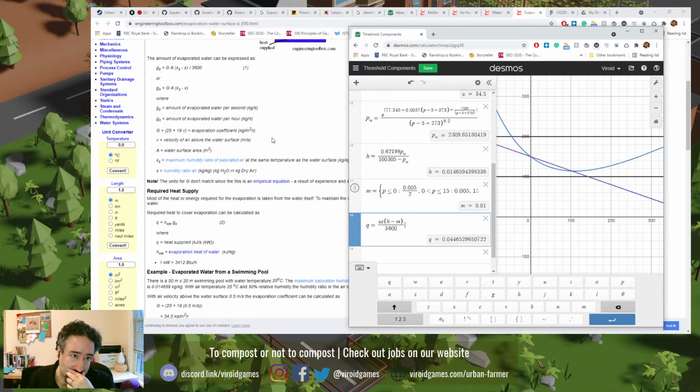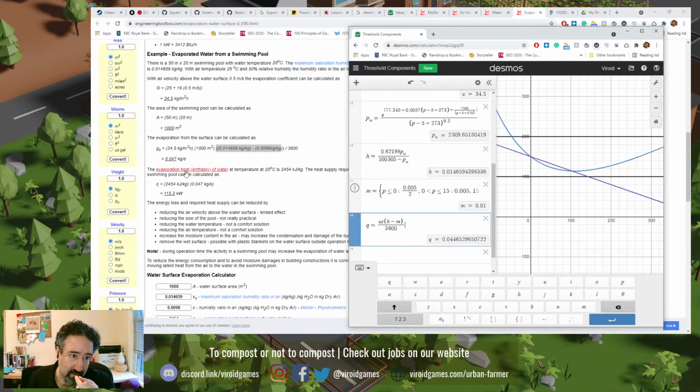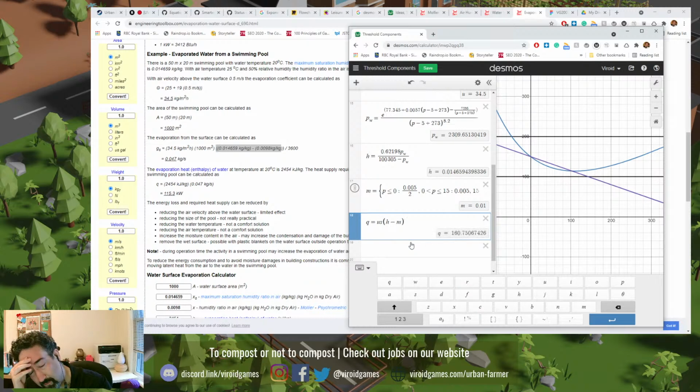How did we get to this point? We said this is per second, the water operation. So if you want to go to the hourly evaporation, we shouldn't actually do this. 160.